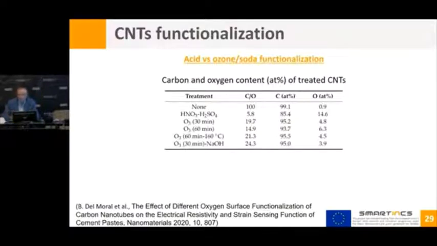This means that you have more carboxylic groups attached onto your carbon nanotubes. So it was for these authors a way to validate the efficiency of the treatment they proposed. And it worked in the case of the combination of ozone, either alone or ozone followed by soda treatment.